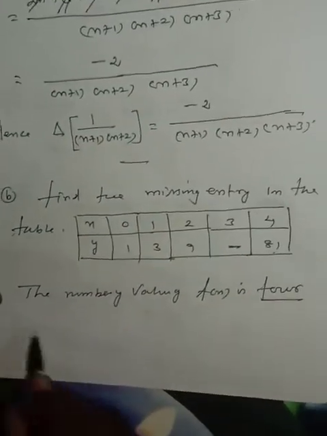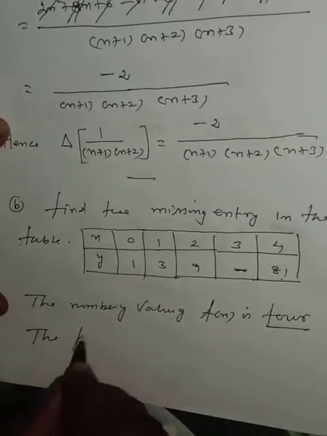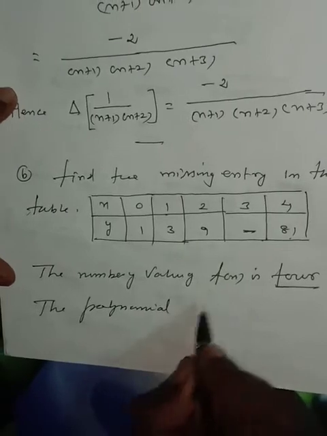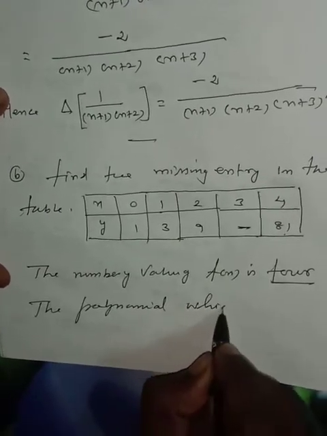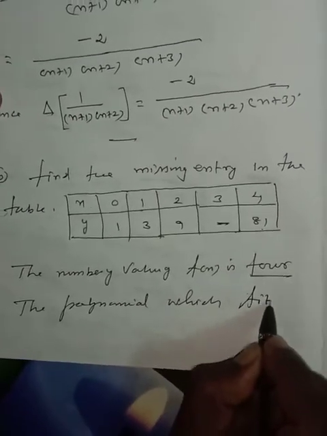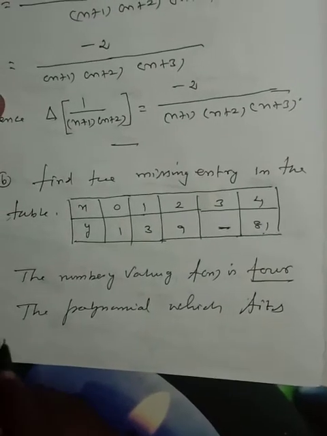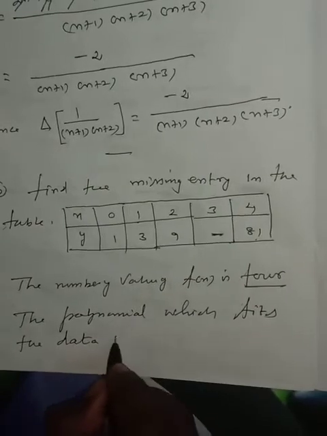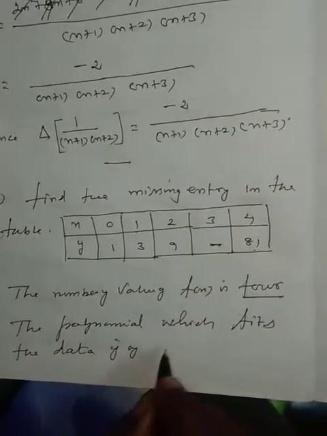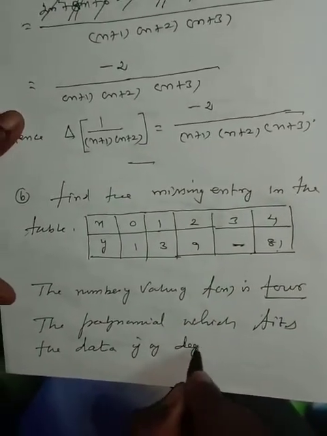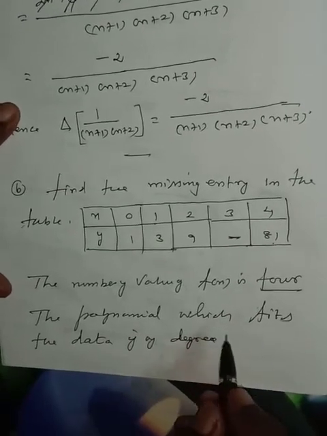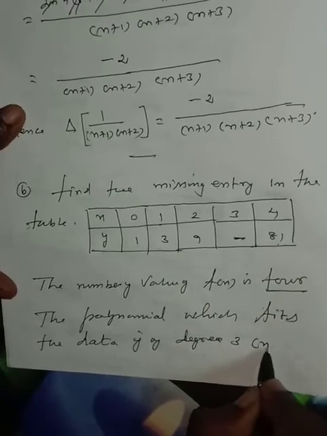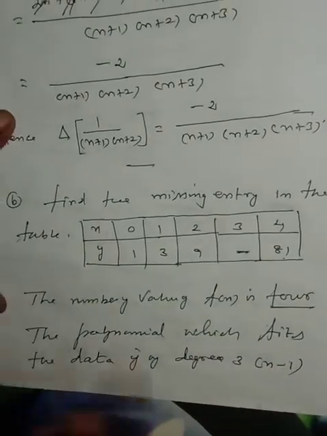Next, the polynomial which fits the data is of degree n minus 1, therefore degree 3.